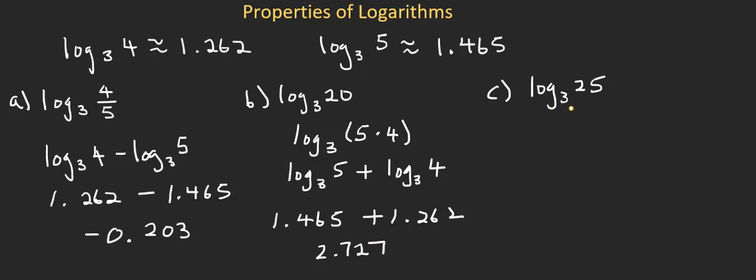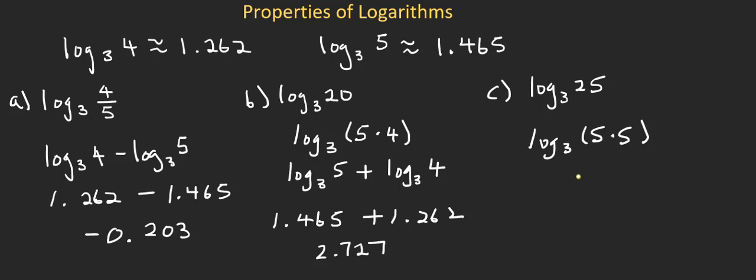What about part C? You got log base 3 of 25. Well, there's two ways you could do this. First way is you could write it as log base 3 of 5 times 5, and you could use the product property.